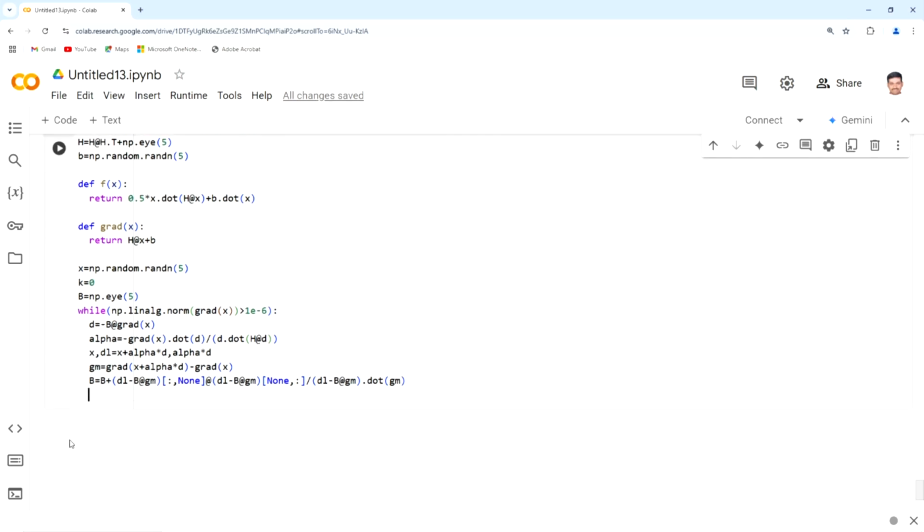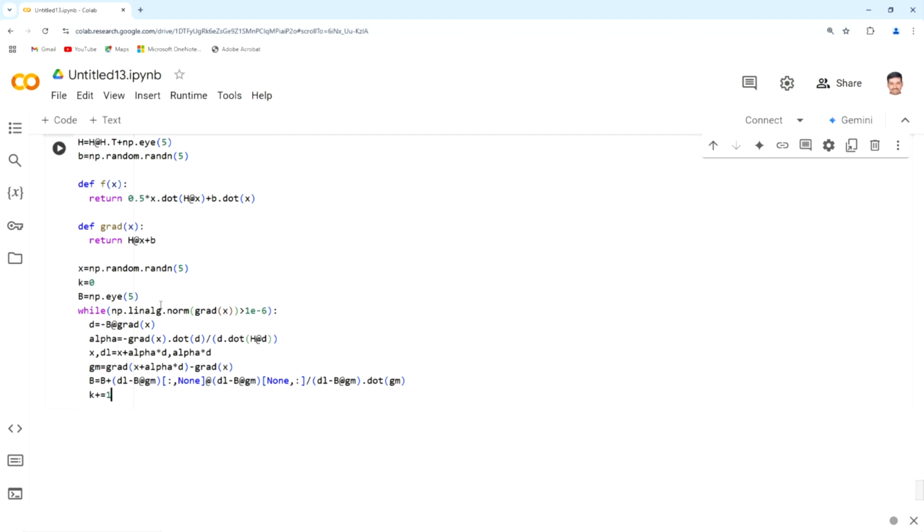So, I have just written delta minus b gamma into delta minus b gamma transpose, okay. So, you might ask why is it so haphazard. So, I will explain it in a moment, okay. And k equal to k plus 1, okay.